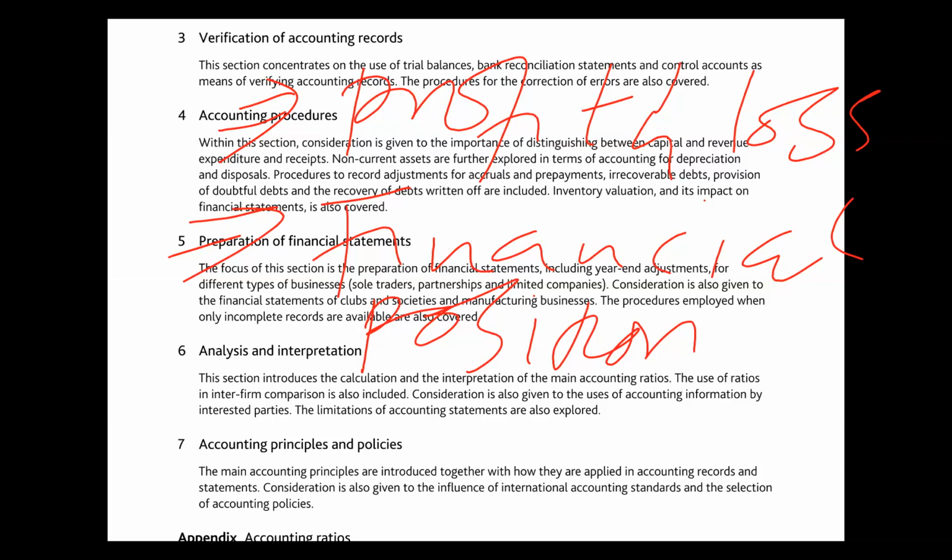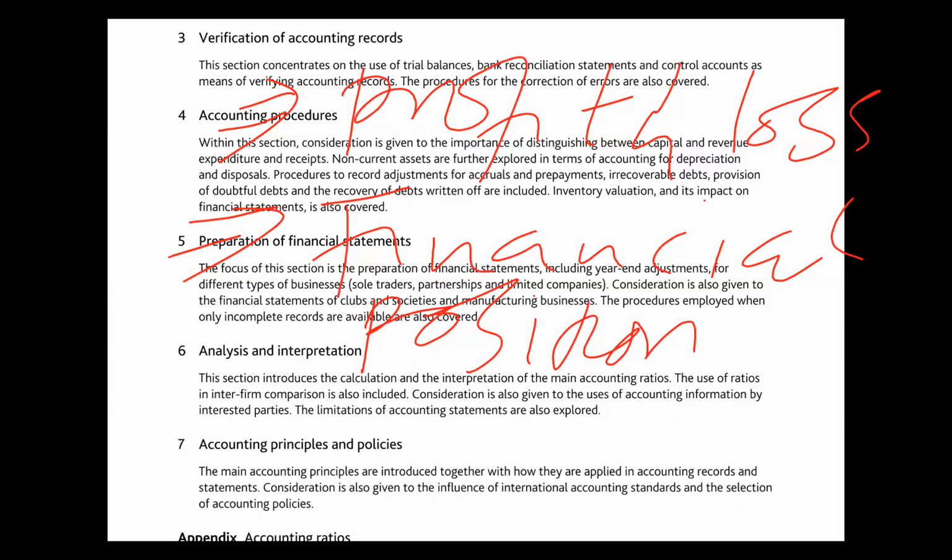Nowadays we call it the statement of financial position. That's the new language, so don't call it the balance sheet. It indicates the worth of the company, the financial position of the company as at the date that we have closed.